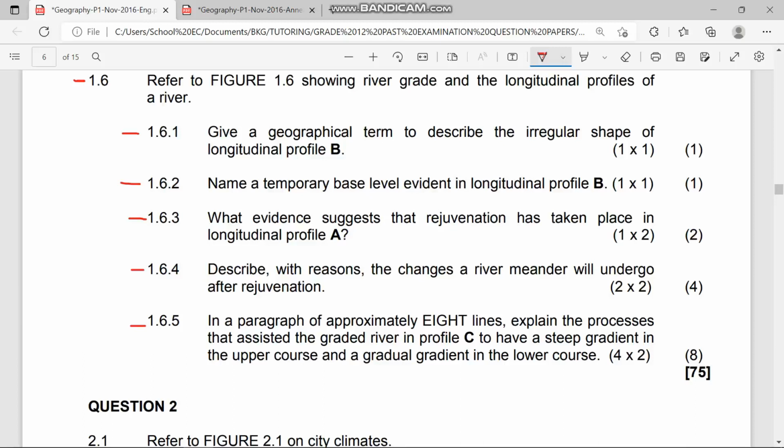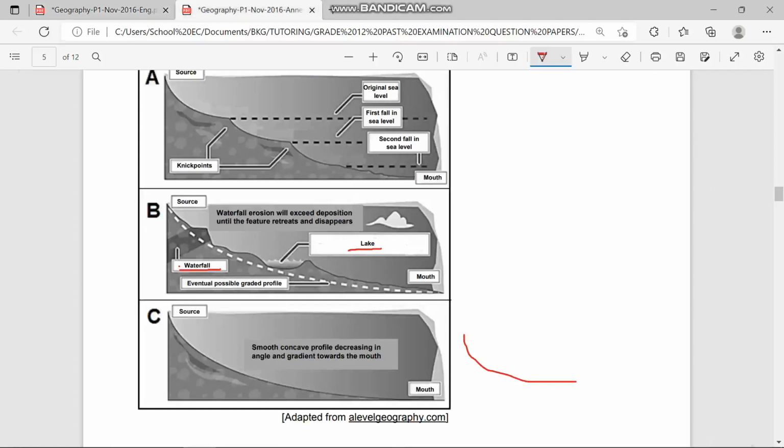Explain the processes that assisted the graded river in profile C. This is a smooth profile, a graded profile, very smooth from source to mouth, without even reaching temporary base levels and so on.